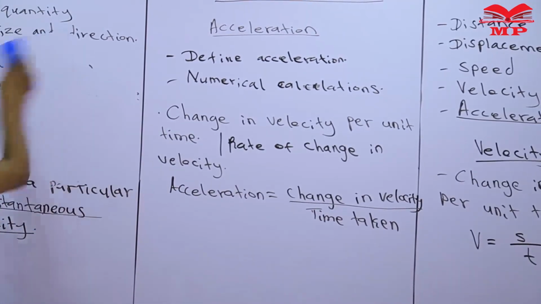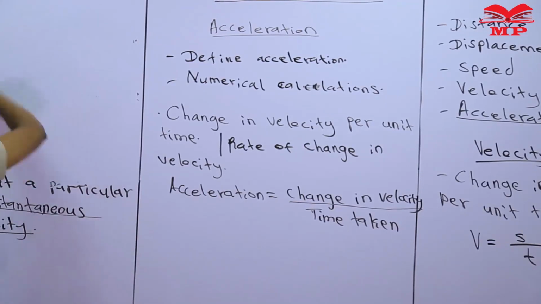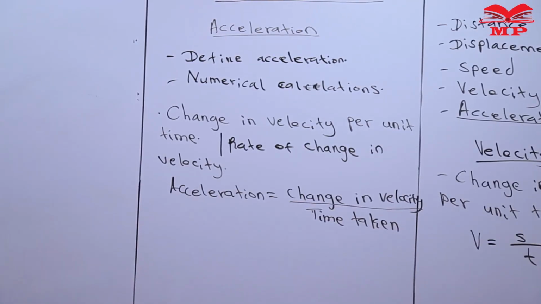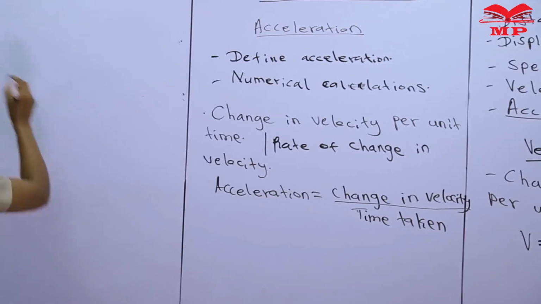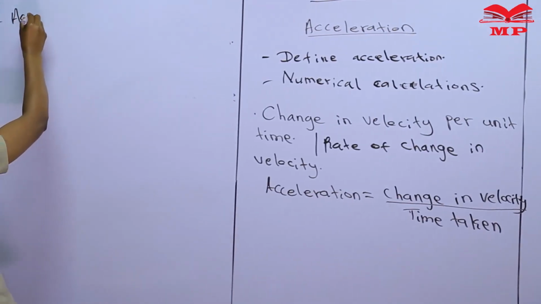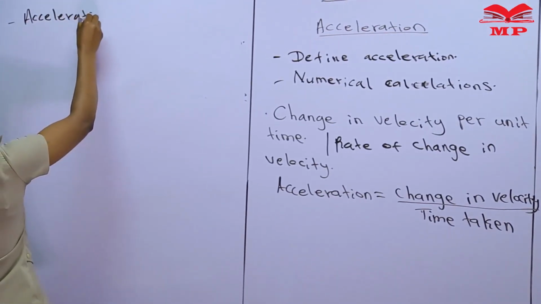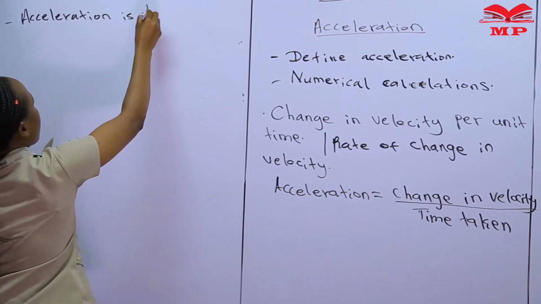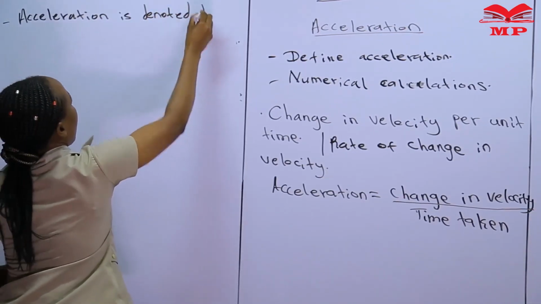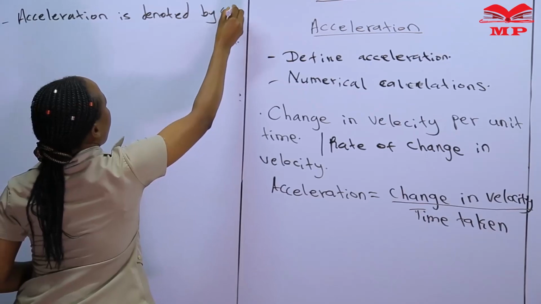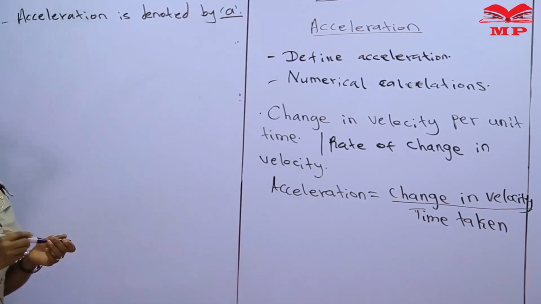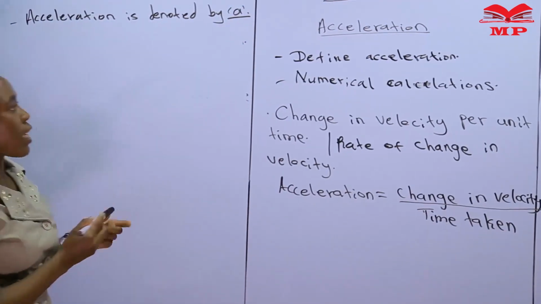Acceleration is denoted by a small letter a. This is the symbol for acceleration, not the SI unit.